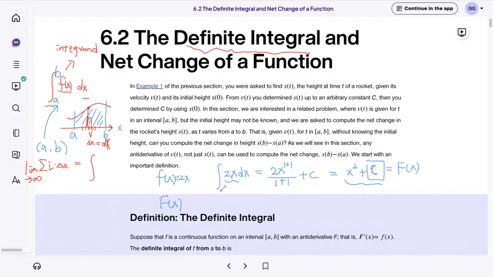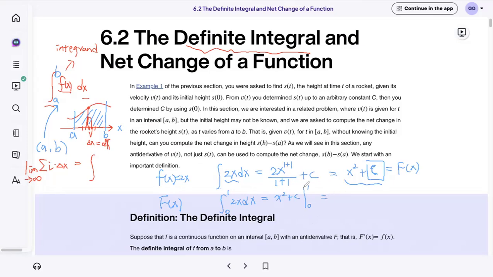So this is without the lower limit and upper limit. Now we give the lower limit and upper limit a value. The lower limit is 0, the upper limit is 1 maybe. Those limits could be any number. When we anti-differentiate, we get x squared plus c, then we want to evaluate from 0 to 1.